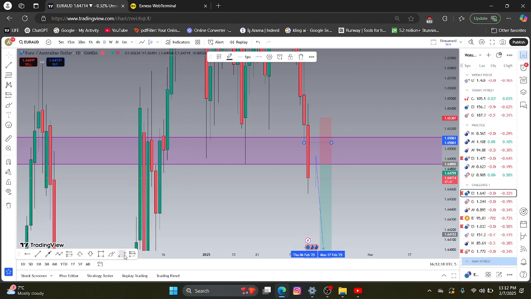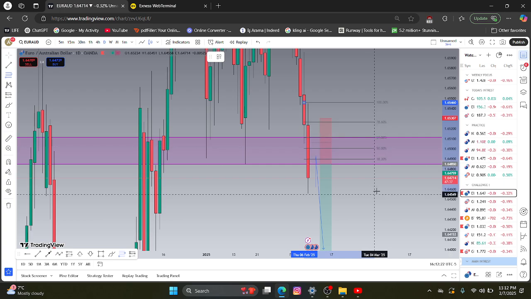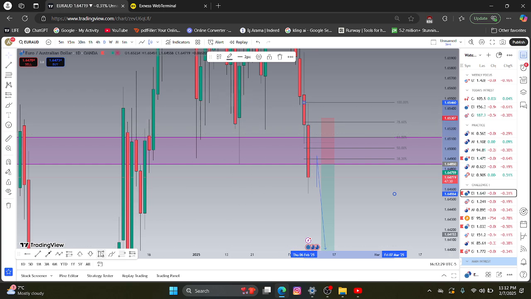Let me use the Fibonacci to show you what I'm talking about. You can see it's even showing that this is between the 50 and 61 zone, the golden zone. That's why there's this line.